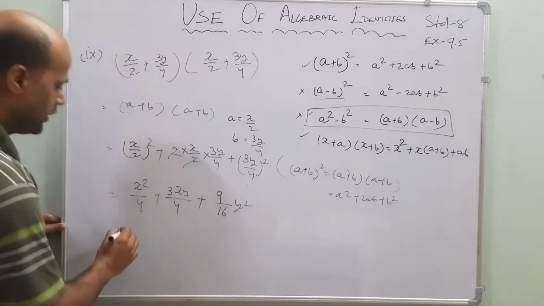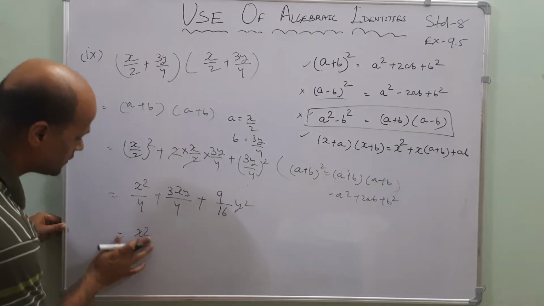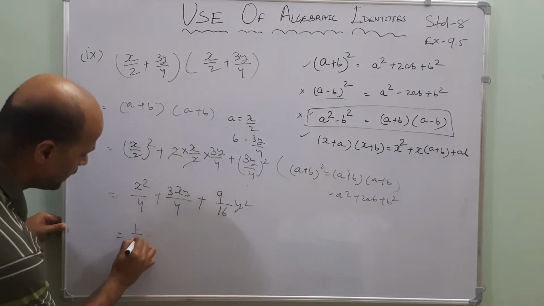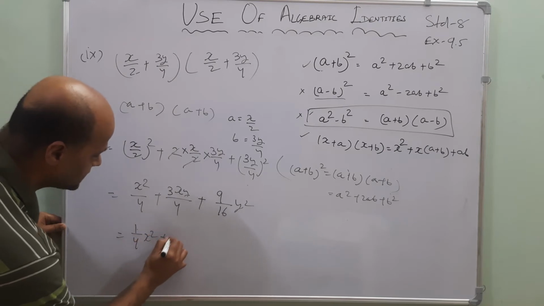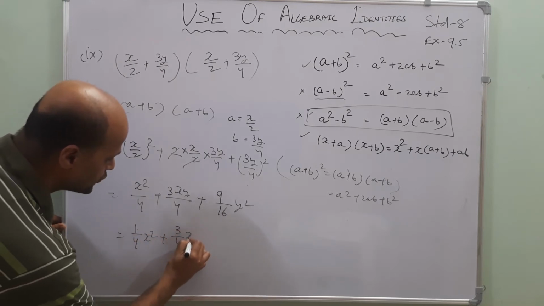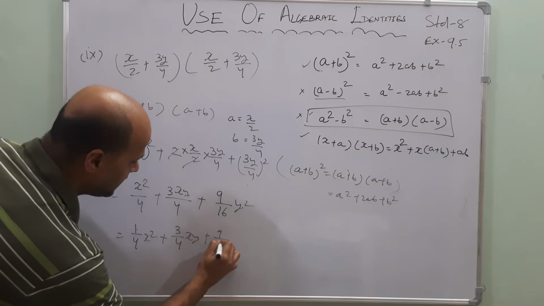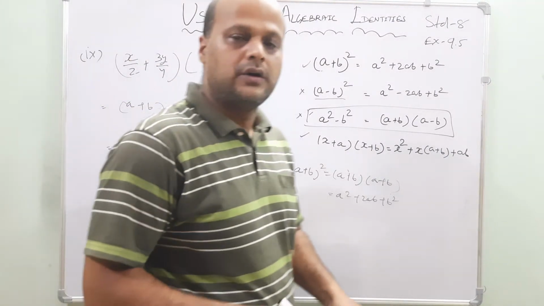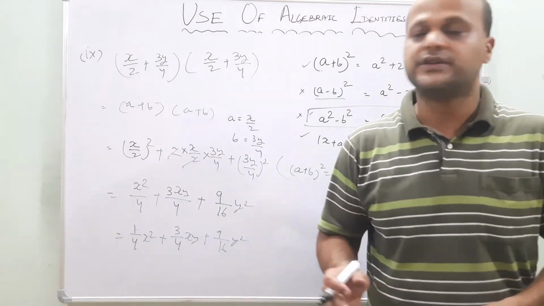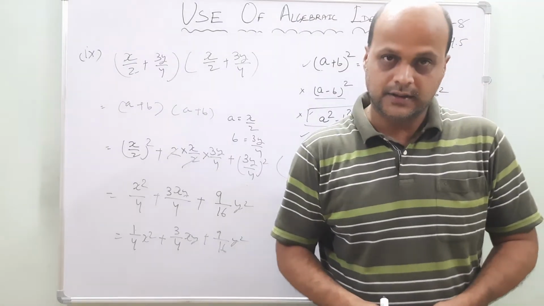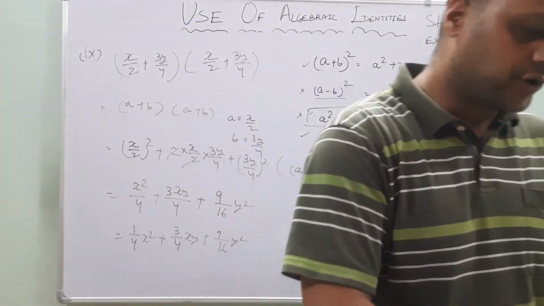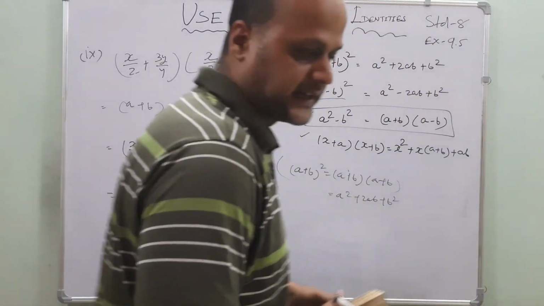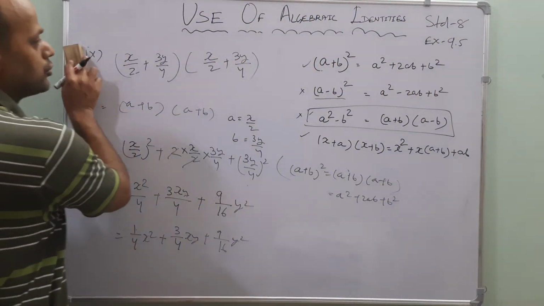Or you can write it like this: 1 by 4 x square plus 3 by 4 xy plus 9 by 16 y square. In this manner you have to solve the fractional part by using the suitable identity. Understood? Okay.